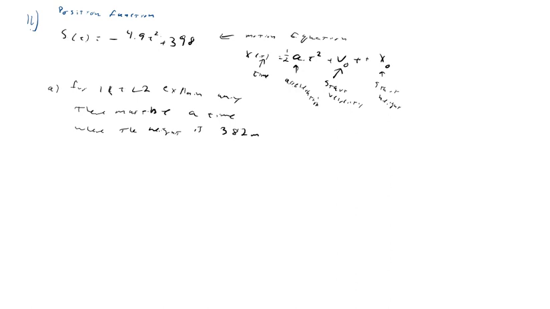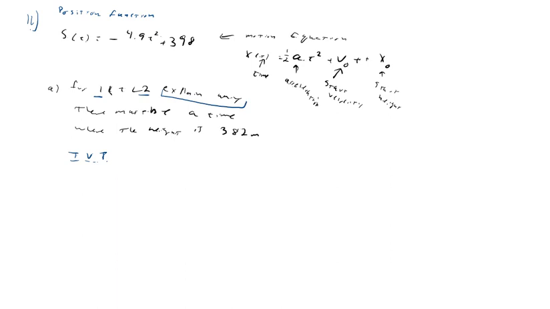So we need to do our checks. We're going to use the intermediate value theorem, IVT, and check if there's guaranteed a time somewhere between 1 second and 2 seconds where the height has to be 382. And when it says explain why, I need to state how I know.